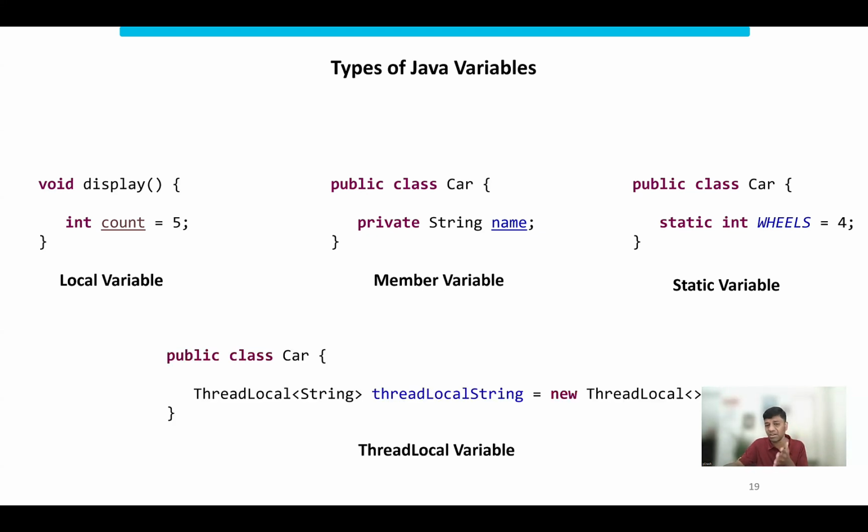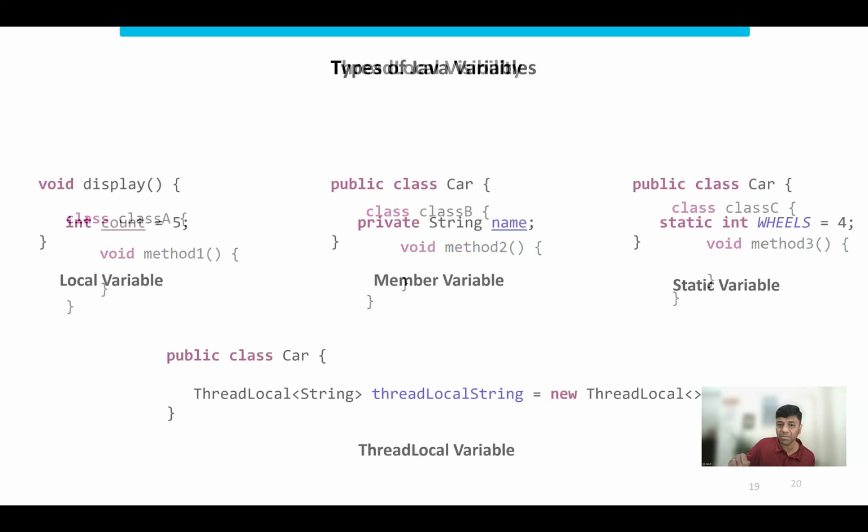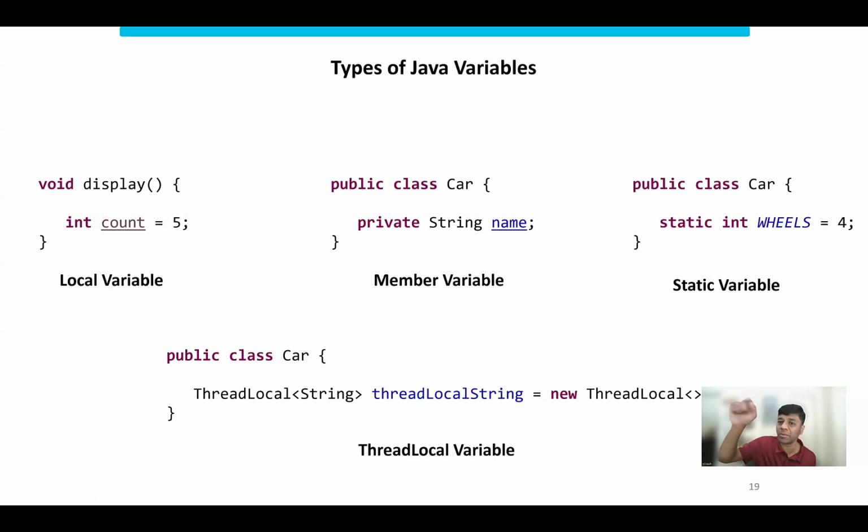But there's also this uncommon thing called a thread local. So I can declare it like this, the thread local. I can declare a string or whatever, this can be anything. It can be a string, integer, float, or my custom object. When you declare a thread local variable, that variable will be set to that particular thread.